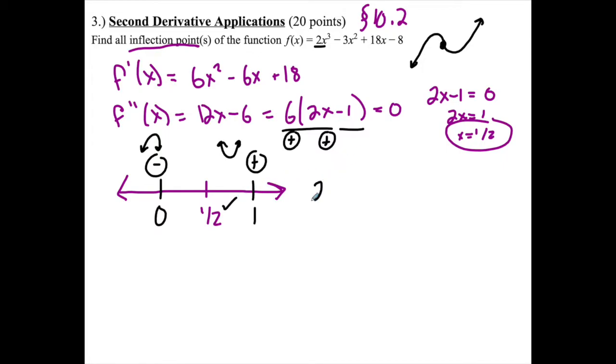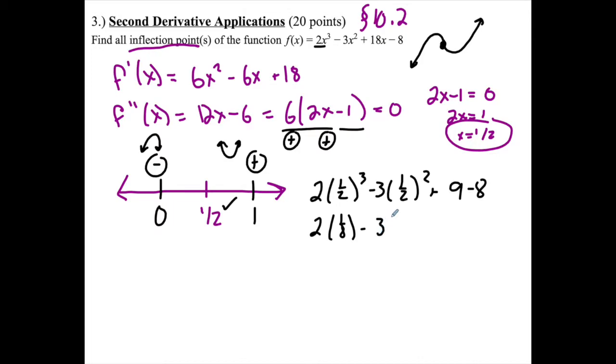Now we have to plug it in because you do need to get the y. And I'll just shorthand 18 times 1/2 is 9. Okay, so I get 2 times 1/8 minus 3 times 1/4 plus 9 minus 8. And 2/8 is 1/4.